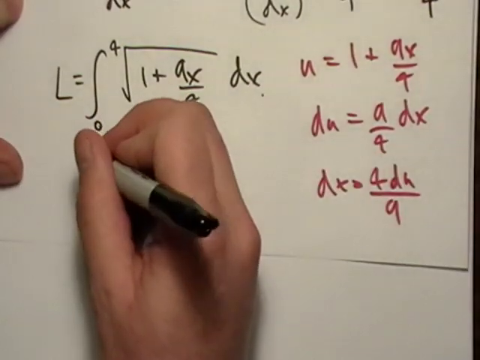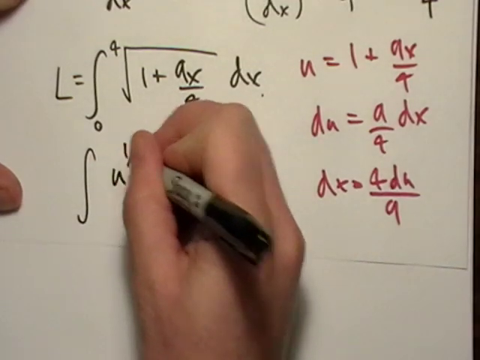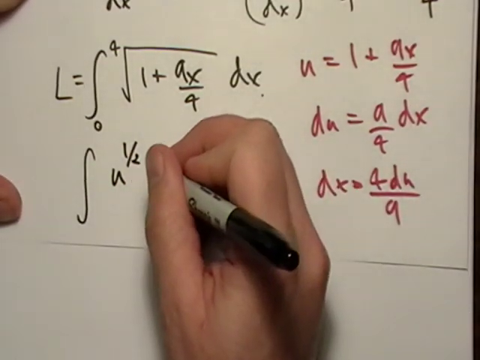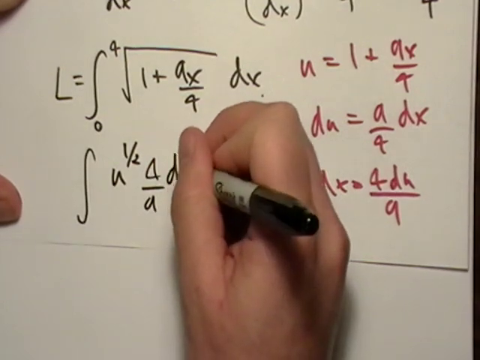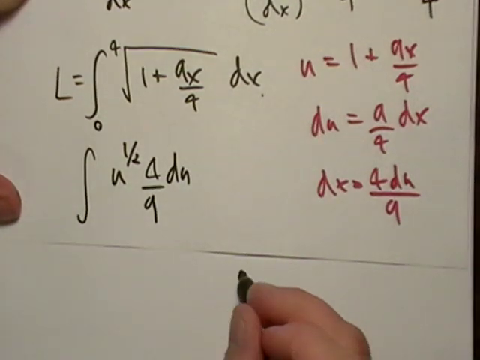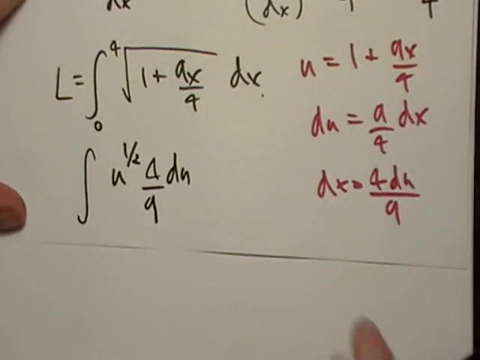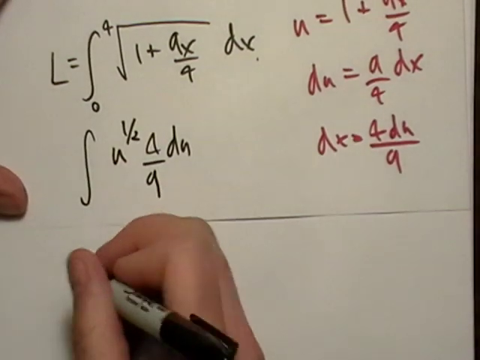So the integral of u to the 1/2 times 4/9 du, right? That's what dx was equal to. Let's go ahead and pull that constant out.